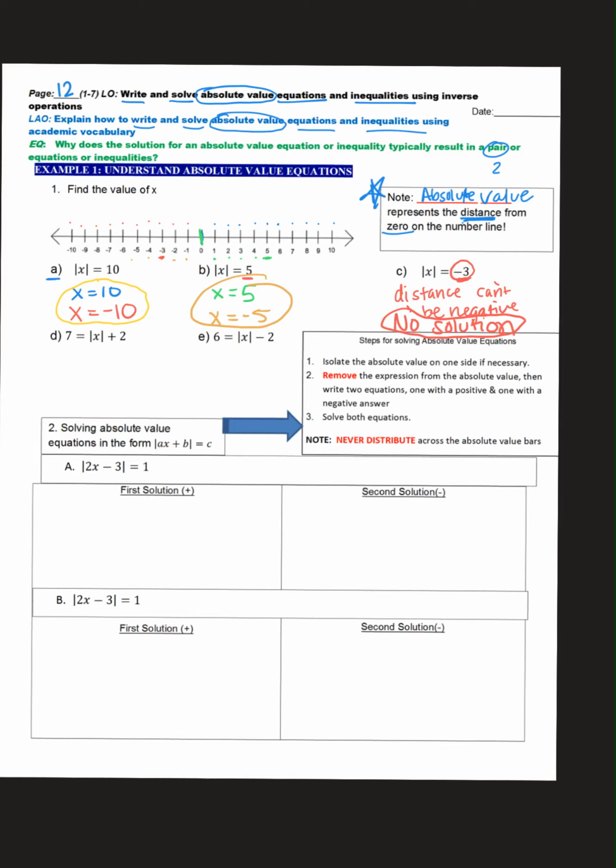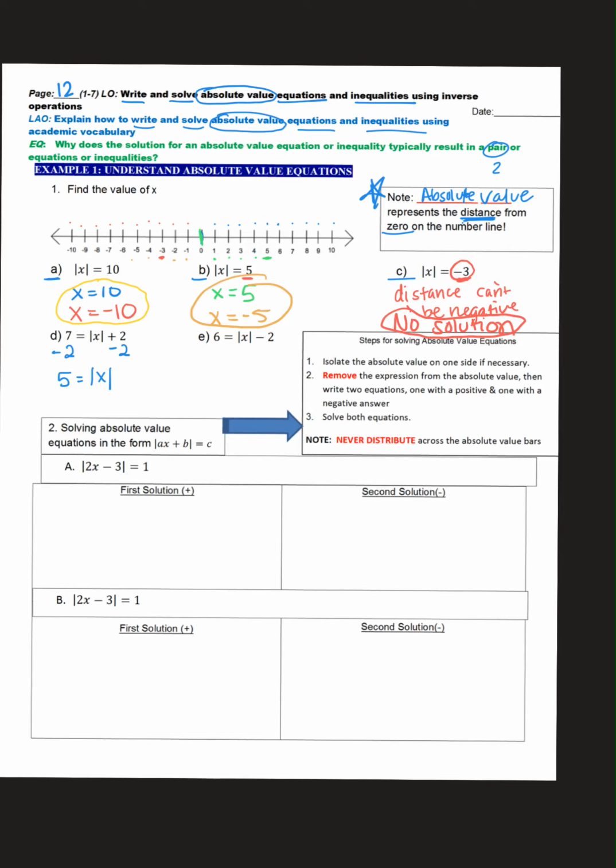All right, one last one I'm going to do with you is D, letter D. So I've got 7 equals the absolute value of x plus 2. Whenever you see absolute value around x, we need to first use inverse operations to get the absolute value by itself so that it's on one side, just like it was in A and B and in C. See how absolute value had nothing around it? So I'm going to move this positive 2 by doing exactly what we've been doing for the past month. By using inverse operations, I'm going to subtract it on either side. 7 minus 2 is 5 equals the absolute value of x.